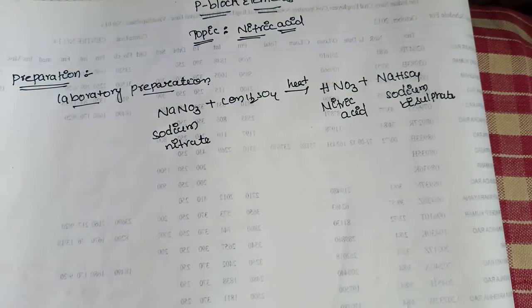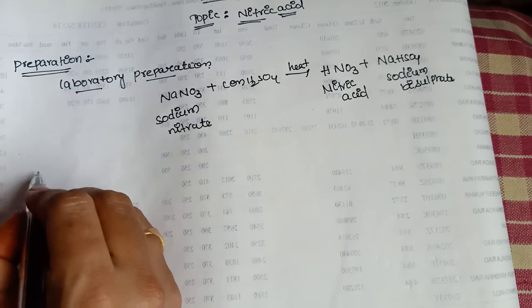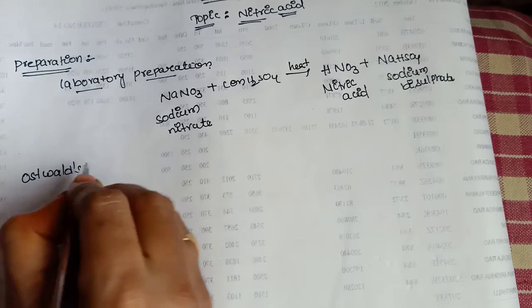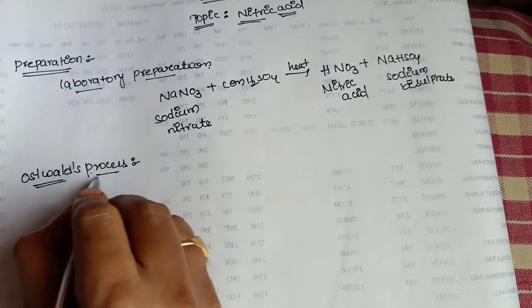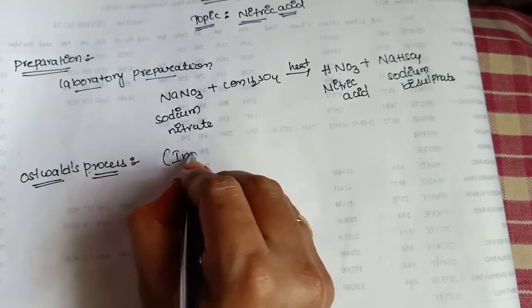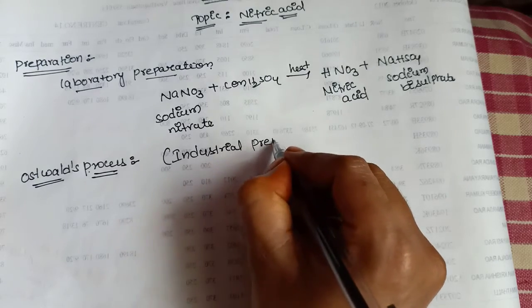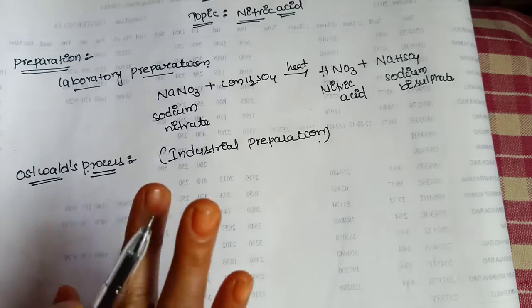Next, industrial preparation. This preparation takes place through the Ostwald process. Ostwald process takes place in 3 steps.